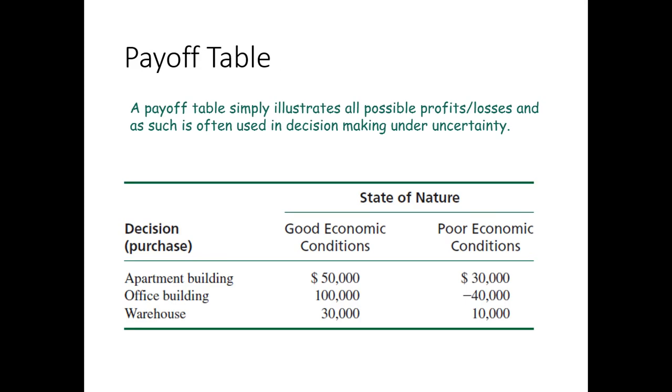Now when we say decision making with states of nature, and now we are going to solve problem, let's come back to the problem that lady is facing. She is deciding on three options to invest her money, or she is the manager of a company and she wants to invest the money of the manager, apartment building, office building or warehouse.